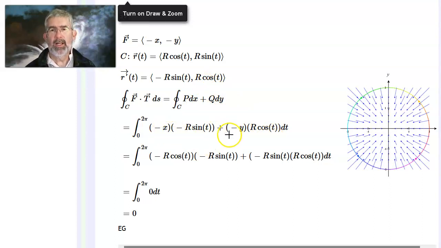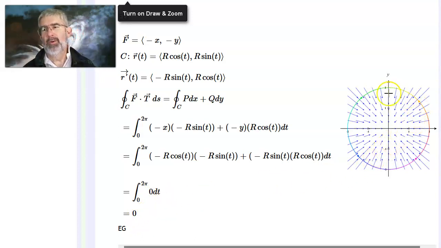Replacing the x and the y from the parameterization now, x is r cos t, and y is r sine t. So what I have is a minus and a minus, so that's going to be a plus r squared cos t sine t, and here I have a minus r squared cos t sine t. So this and that cancel out, and I've got an integral of 0, which is, not too surprisingly, 0.